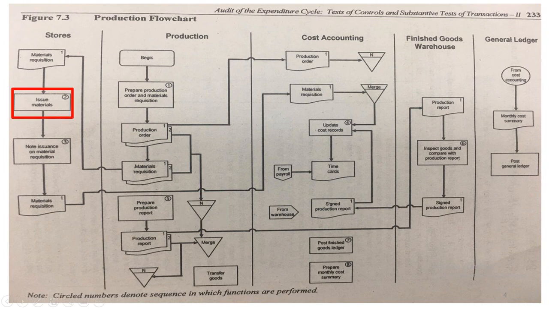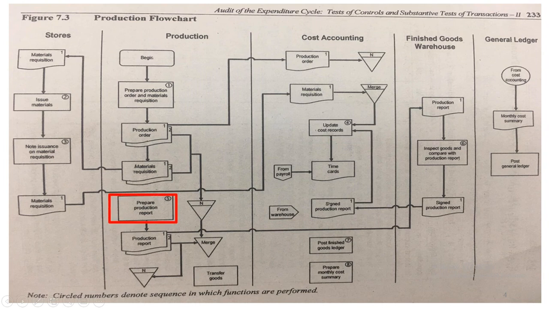And then for the materials requisition, the store will issue raw materials, and then it will note issuance on materials requisition, and then it will update the materials requisition output or the document. And this document will be given to the cost accounting department to be merged with the updated cost records for raw materials issued.